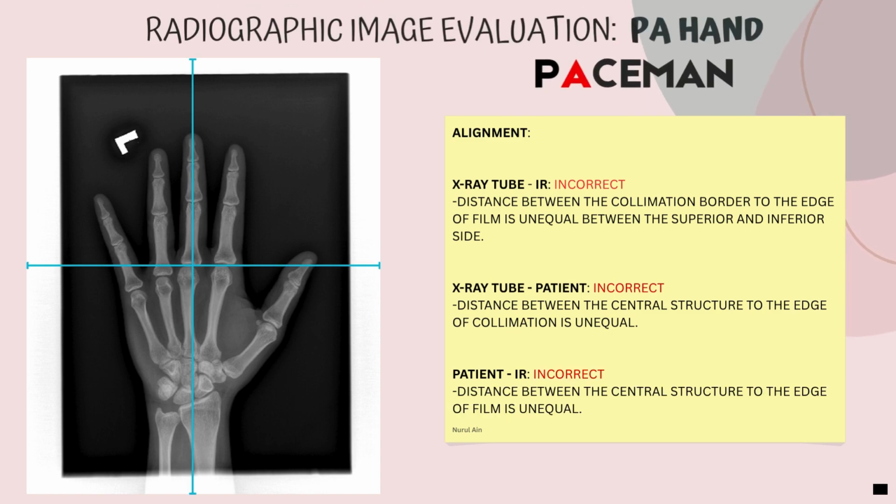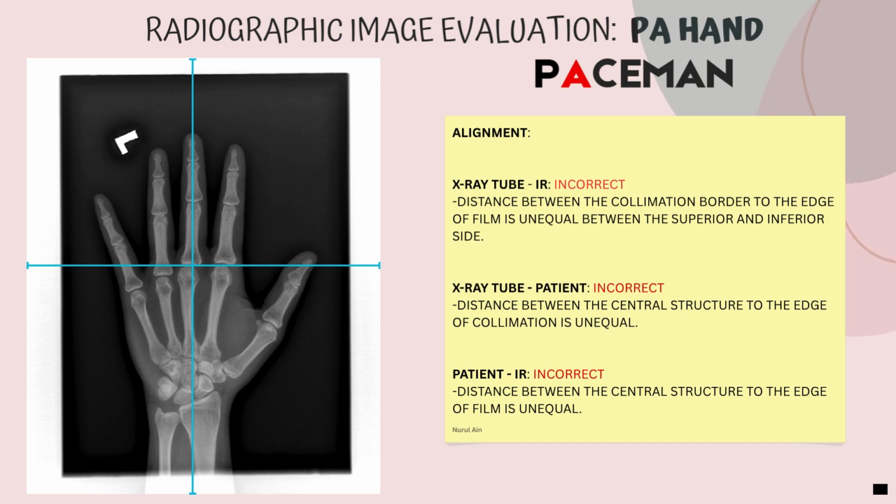The last category of alignment is between patient to the IR. We evaluate the distance between the central structure to the edge of film. For this image, the alignment is incorrect because the distance between the central structure to the edge of film is unequal.